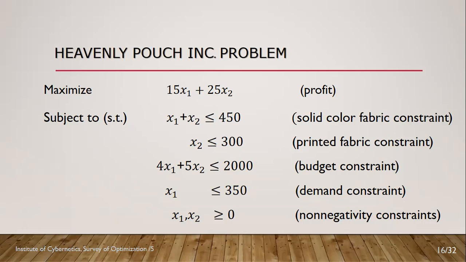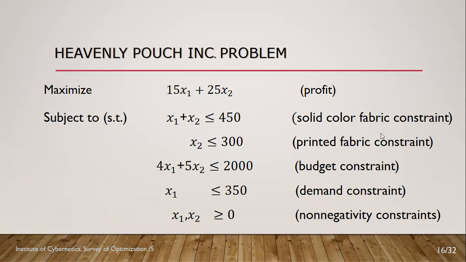In this model, we are looking at manufacturing two types of carriers, non-reversible and reversible. We manufacture x1 units of non-reversible and x2 units of reversible. We make $15 of profit per unit on non-reversible ones and $25 per unit on reversible ones. Also, we have some resource constraints.